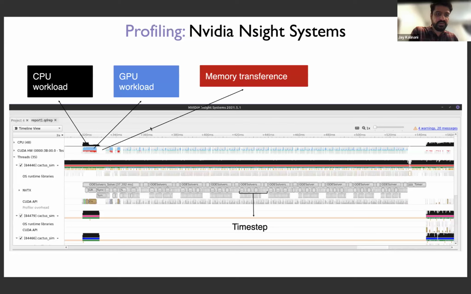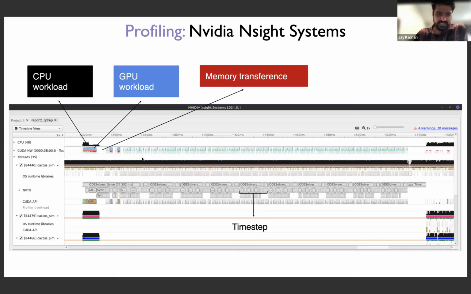Next, we tried to profile our code. For instance, we use NVIDIA Insight Systems to see if it's functioning as we expected. This is again an old profile. On the left, the black is where you have the CPU workload, the blue is your GPU workload, and the red shows the memory transfer between GPU and CPU.